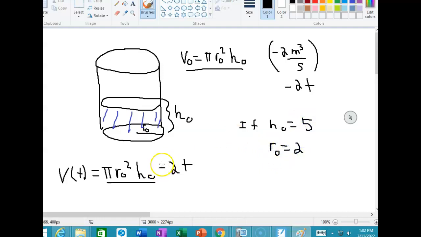If you plug both of those into the original equation, you would get 4 times 5, that's 20, so you'd get 20 pi minus 2t.